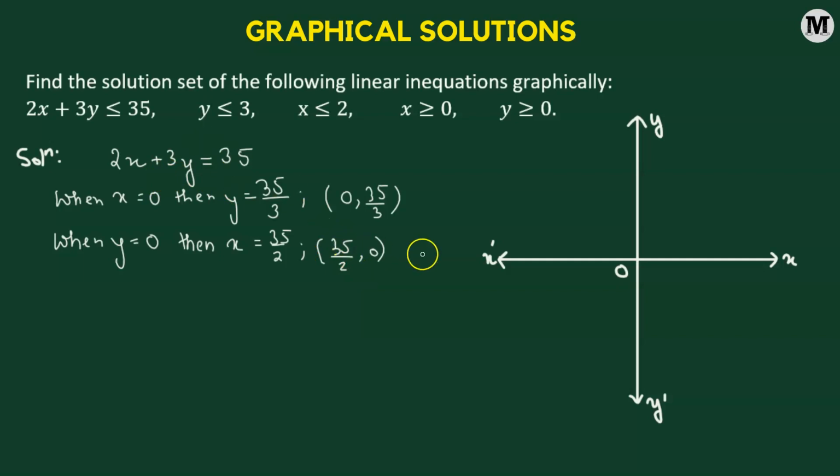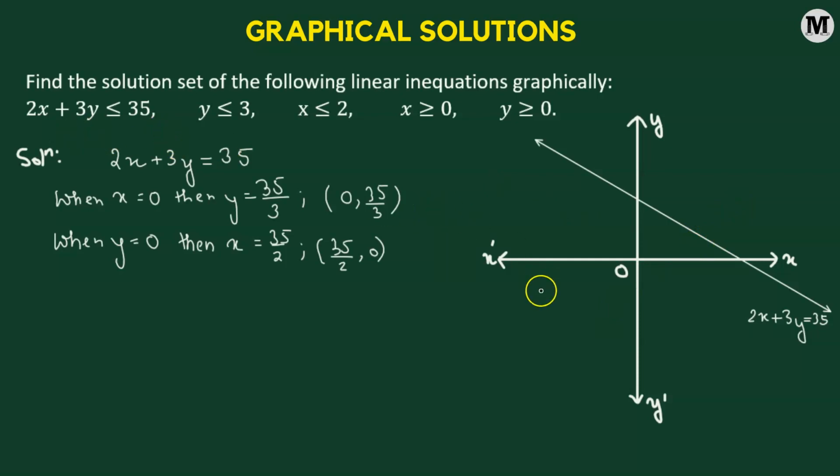We're going to plot these 2 points on the xy plane and join them with the help of a straight line, and that's going to give us the graph of 2x plus 3y equals 35. Now, as we can observe here, the line 2x plus 3y equals to 35 divides the xy plane into two regions. One of the regions is going to lie above the line and the other region will be below the line. So our goal will be to check which particular region satisfies the given inequality.